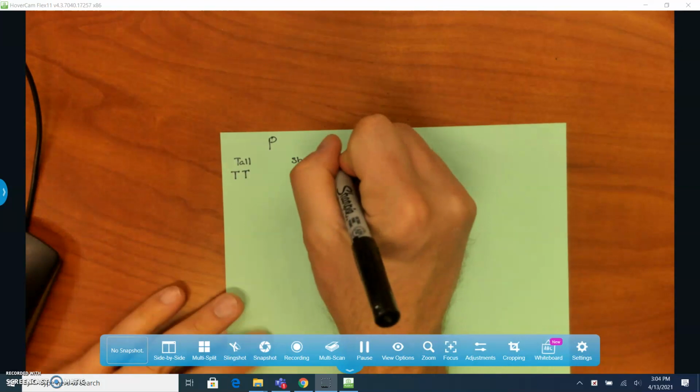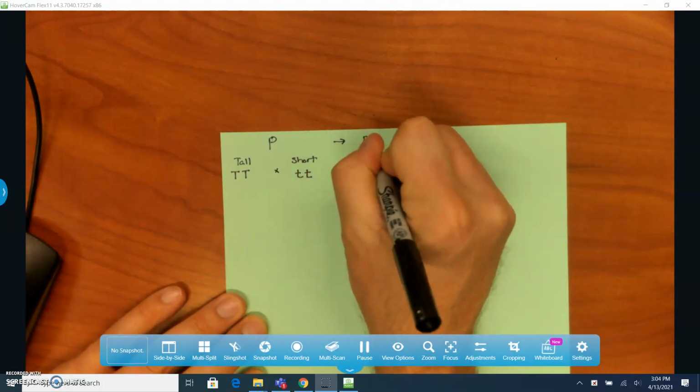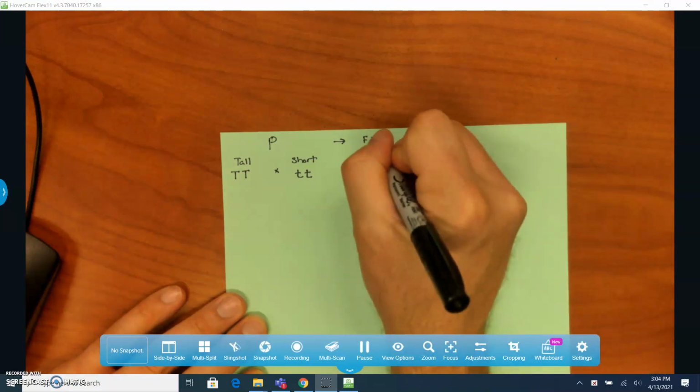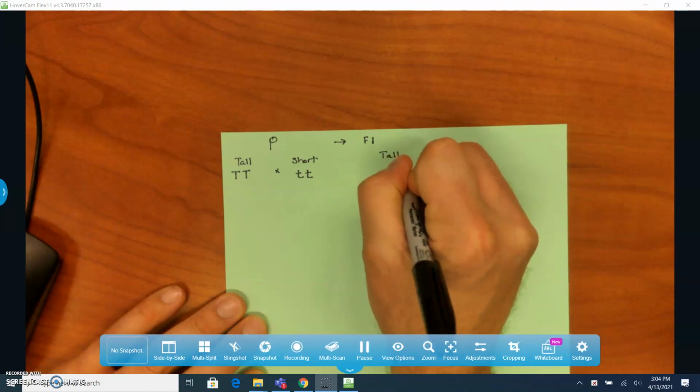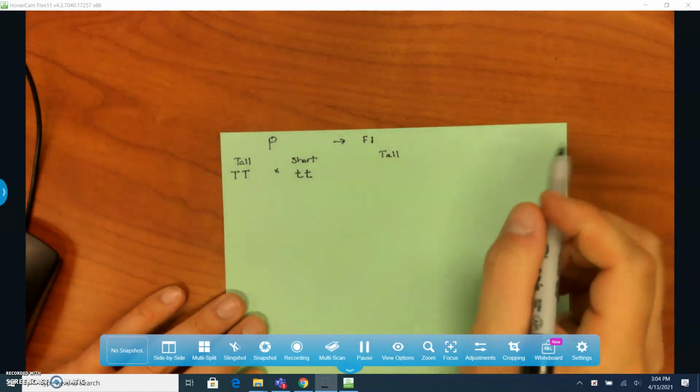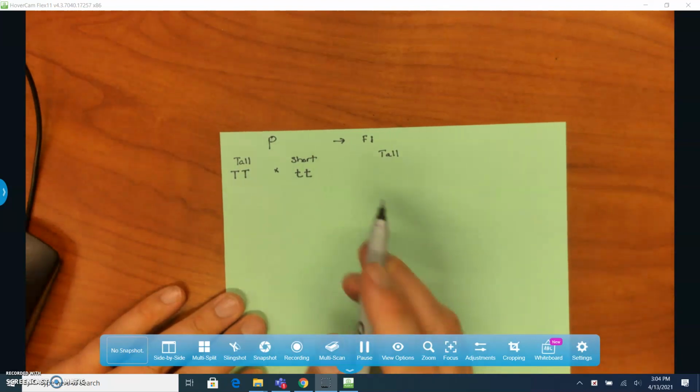These parents were crossed to create the F1 generation, and all of the F1 were tall. So we're going to look at using a Punnett square to show how that came to be.